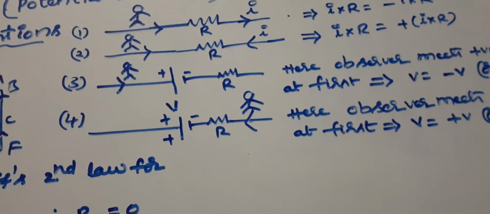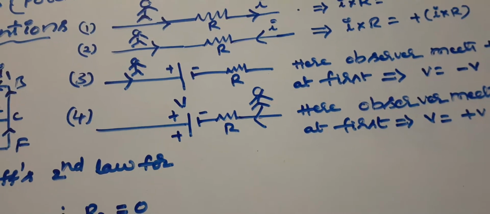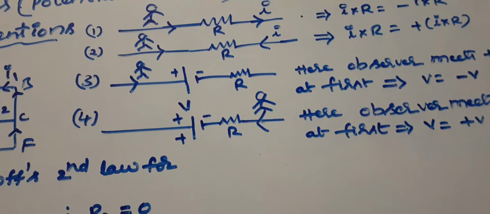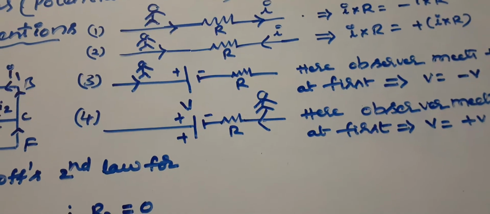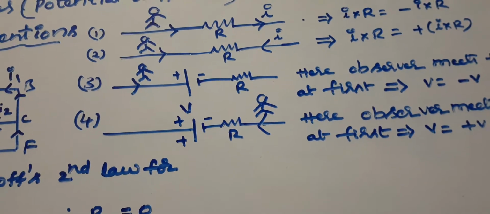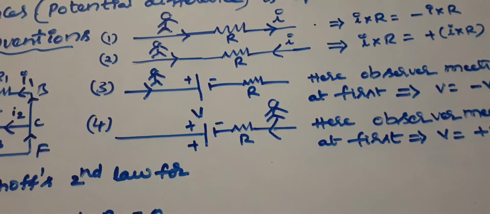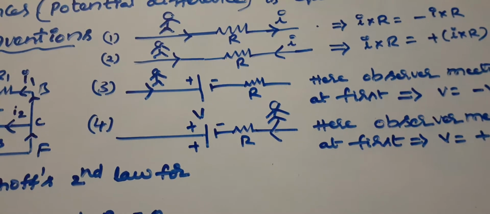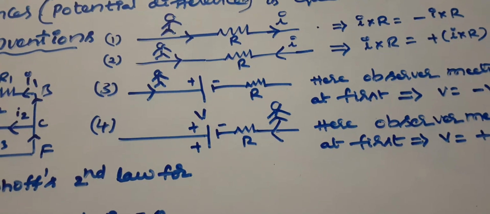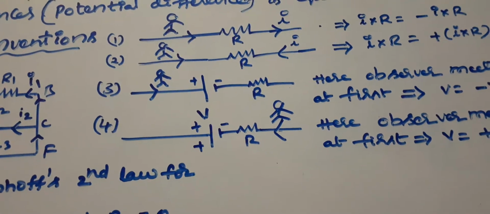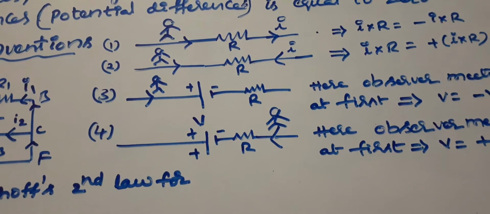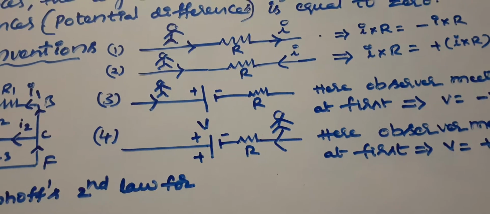But in figure 4, students, the observer is going to meet the negative electrode first, then the positive electrode. In the previous one, the observer meets the positive electrode first, then the negative electrode. But here he meets the negative electrode first.